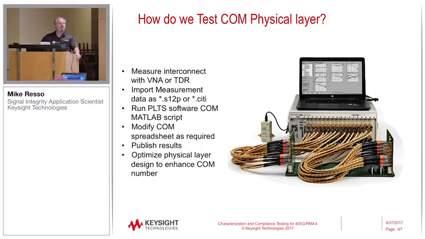Now, one of the things you can do once you become familiar with COM and you want to start doing design of experiments is use a configuration spreadsheet, designed in Excel by the standards committees and given out free with the MATLAB script. Each cell in the spreadsheet can be modified so that you can run COM on a design of experiments.